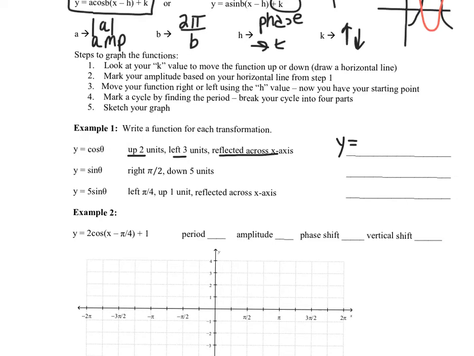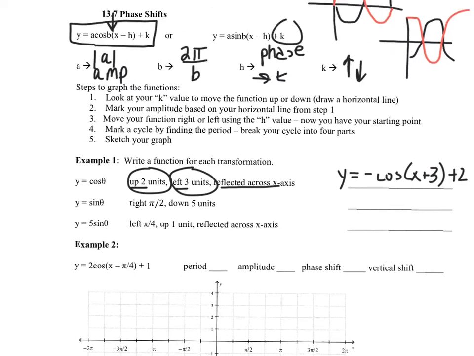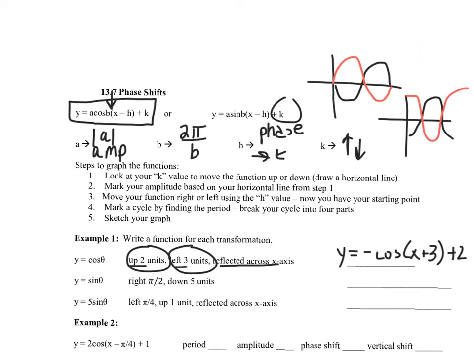So it's going to be negative cosine, but I'm moving left 3 units, so it's going to be x plus 3, and then I'm going up 2, so plus 2. Whatever is moving left and right goes with the x. Because this formula up here was x minus h, right is going to be positive and left is going to be negative because there's a negative out in front.